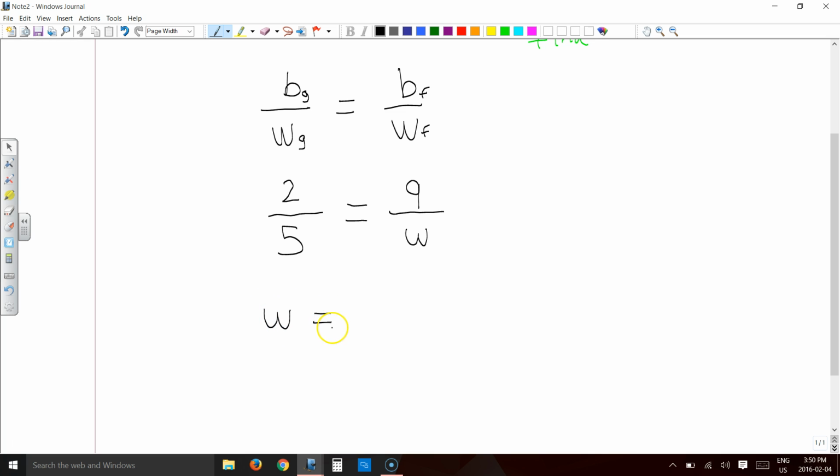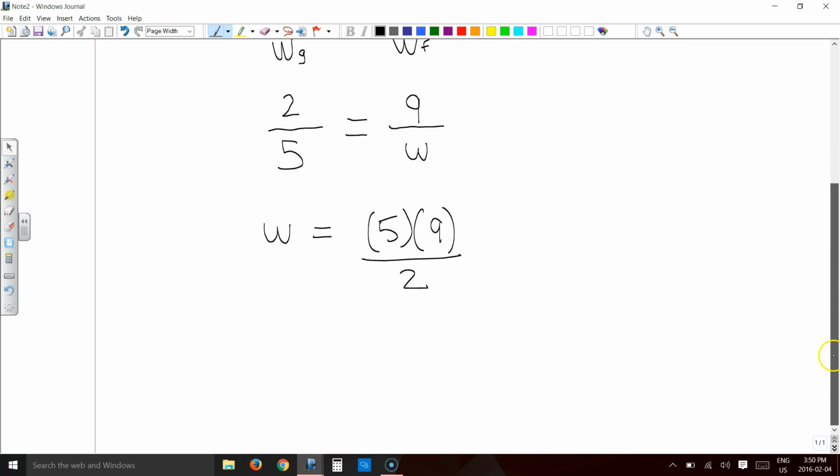W, our white paint, is going to be 5 times 9 divided by 2, because the 2 is across from the W, it's the divisor. 5 times 9 is 45, and 45 divided by 2 is 22.5. So W is going to be 22.5.